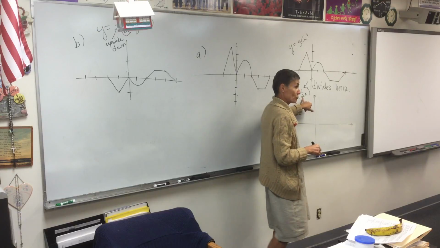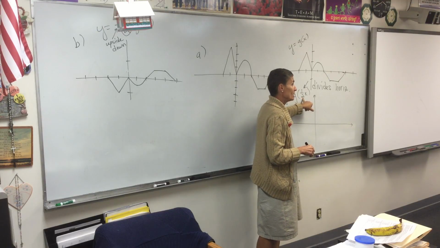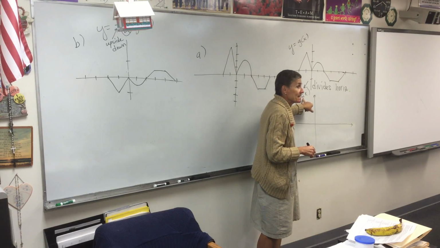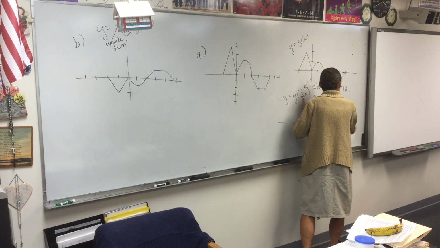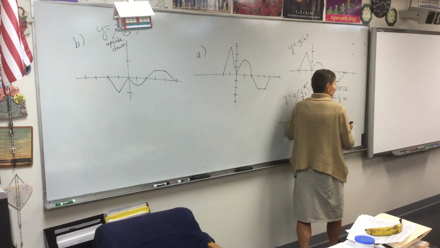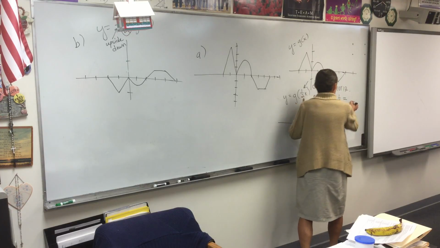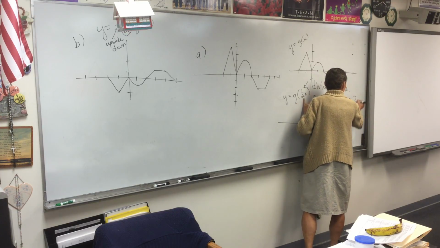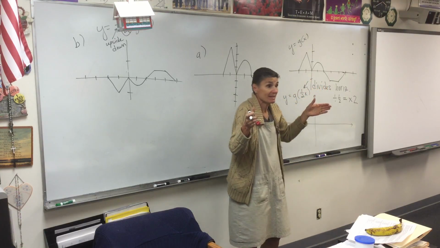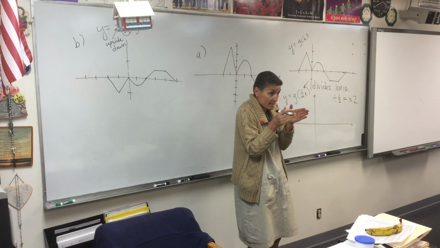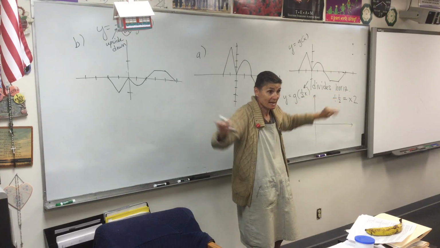It looks like you're timesing by 1/2, but you're really dividing by 1/2. And dividing by 1/2 is the same as multiplying by 2. So this picture isn't half as long, it is twice as long.